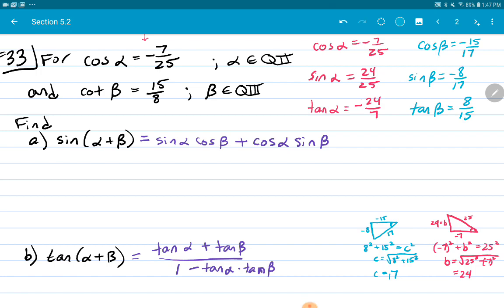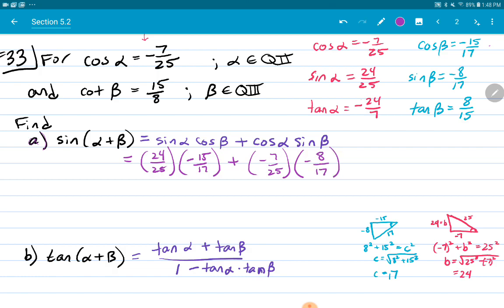So I'm going to put those triangles aside and focus back on this purple part A. It's really just plug and check at this point. So sine of alpha plus beta equals sine of alpha, which was 24/25, times cosine of beta, which is negative 15/17, plus cosine of alpha, which is negative 7/25, times sine of beta, which is negative 8/17.